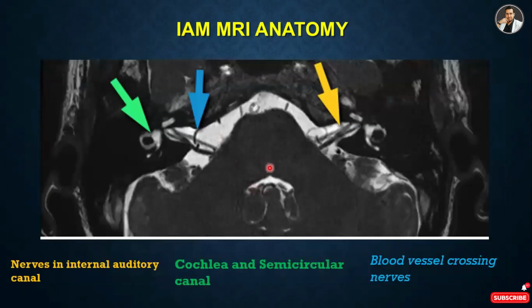Let's see the nerves. Here we can see black and black. These are our vestibular and cochlear nerves. These are nerves. It looks beautiful. The second nerve is in the internal auditory canal.